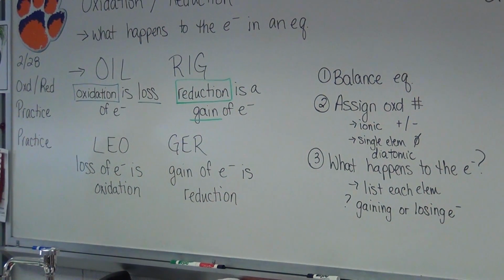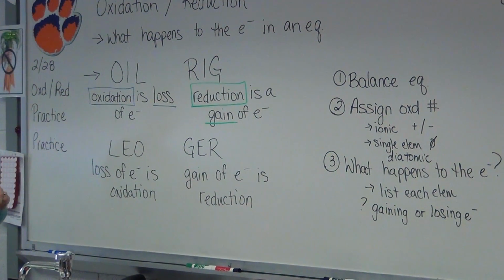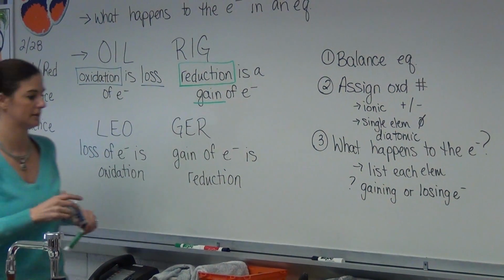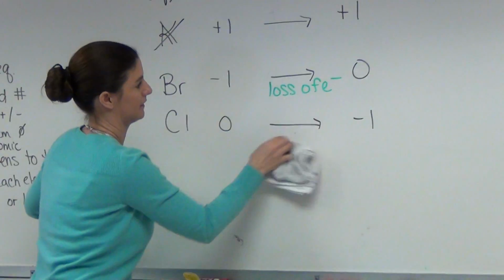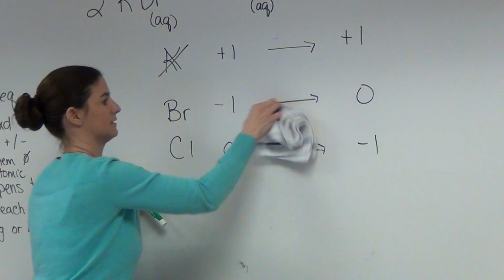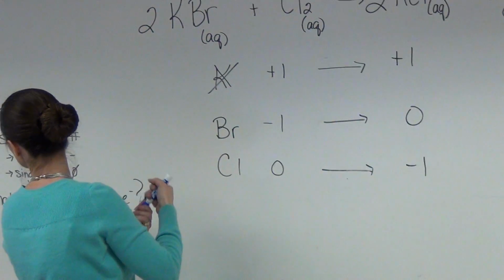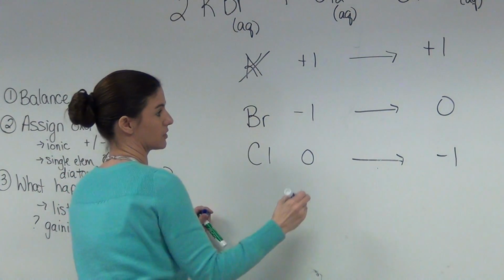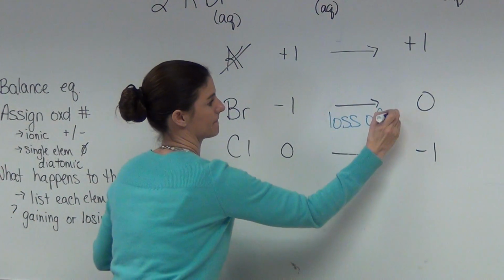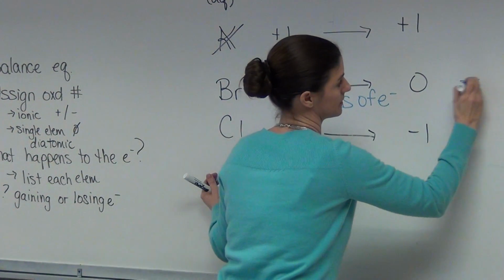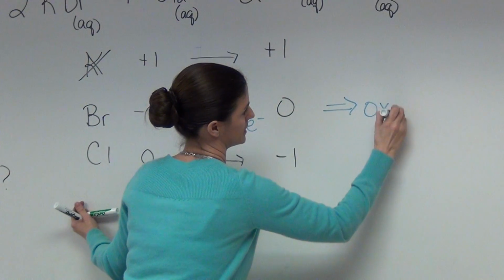Oh, I did it in the wrong colors, guys. Messed me up. Okay, go back to my colors then. So what's this color? This is a loss of electrons, right? And loss of electrons is oxidation.